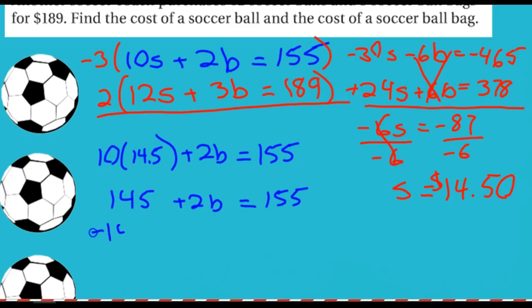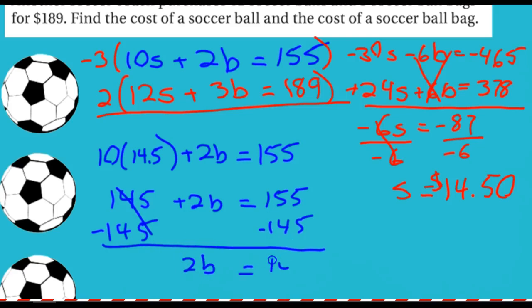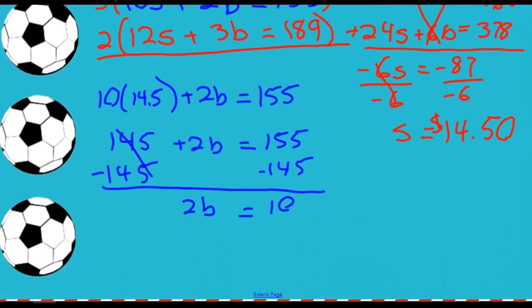So I'm going to subtract 145 and we get 2B equals 10. Divide by 2, and it looks like a bag costs $5. So a bag costs $5, a soccer ball costs $14.50.